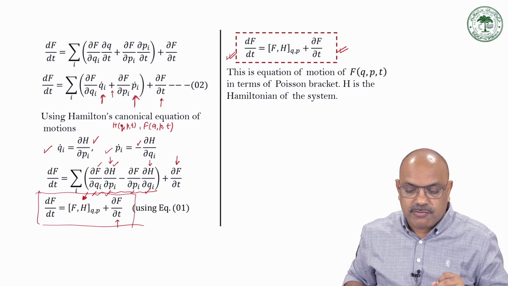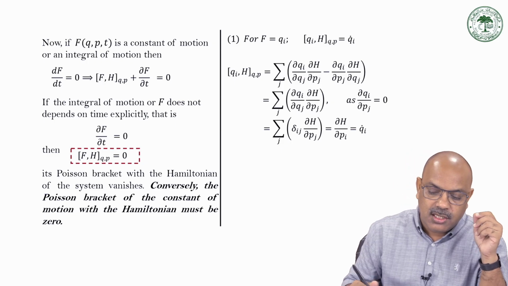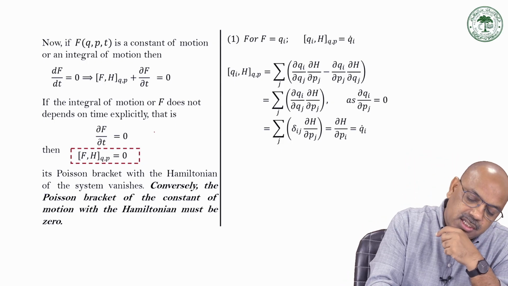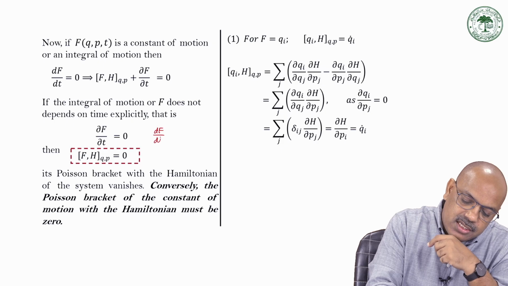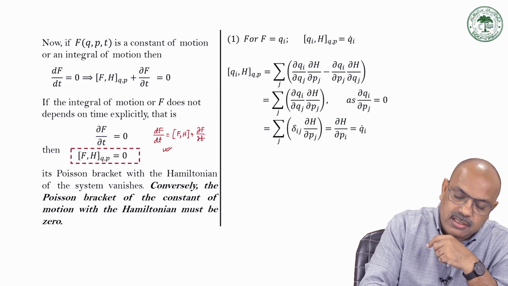This we must remember. The equation of motion of the function is df by dt equals its Poisson bracket with H.